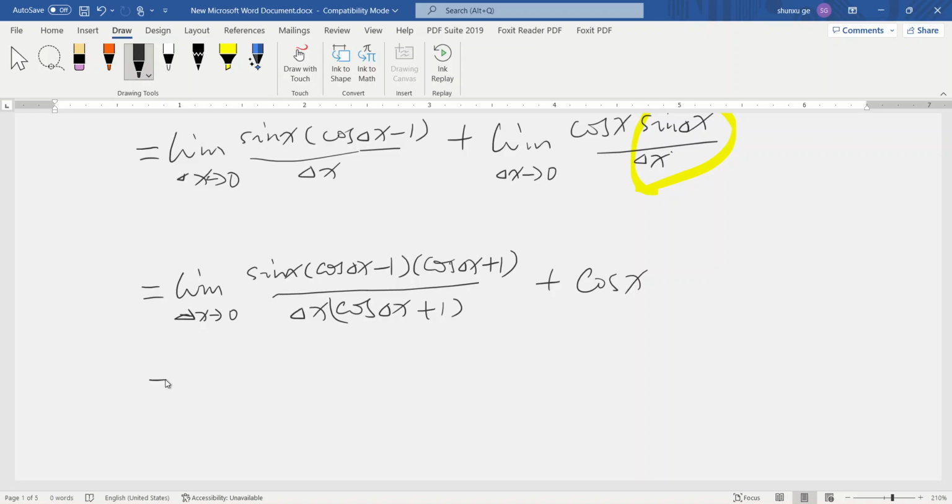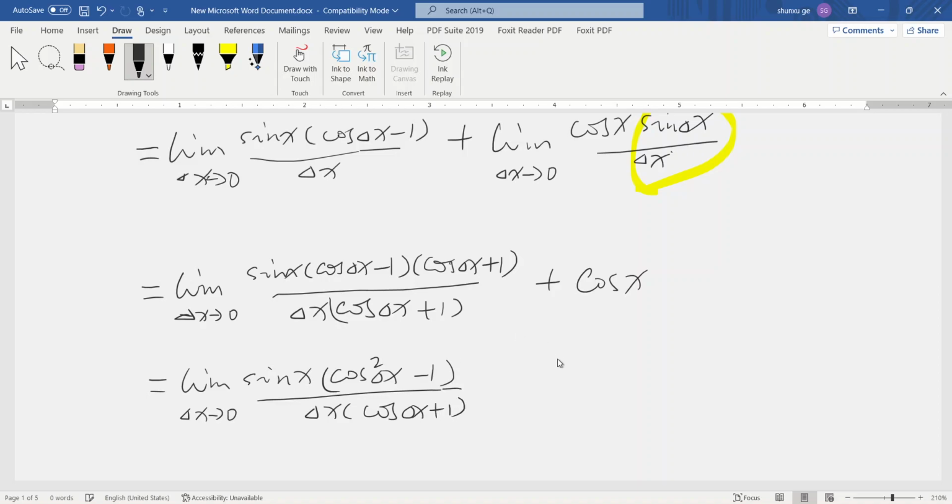And here is cosine delta x squared minus 1, over delta x times (cosine delta x plus 1), plus cosine x.